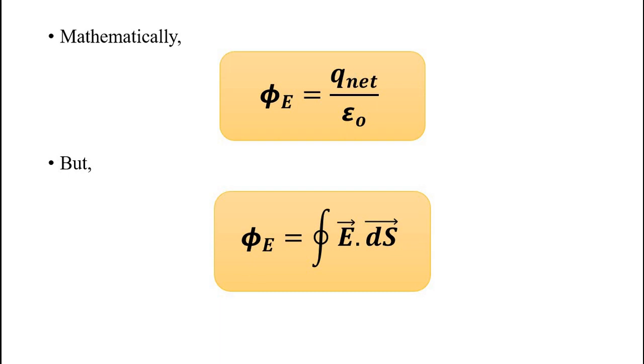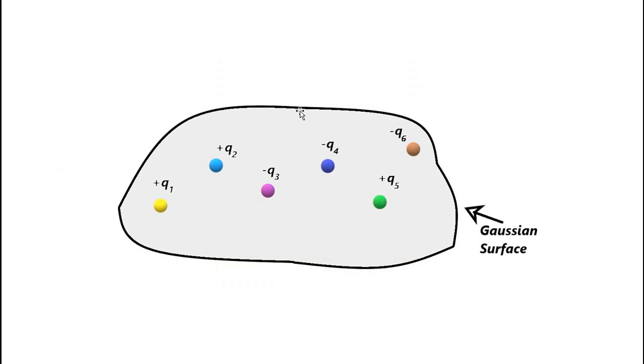If we want to understand it, let's say we have a closed surface like this, any random closed surface, and here we have some charged particles. So we have positive charge plus q1, positive charge plus q2, negative charge minus q3, negative charge minus q4, again positive charge plus q5, and negative charge minus q6.